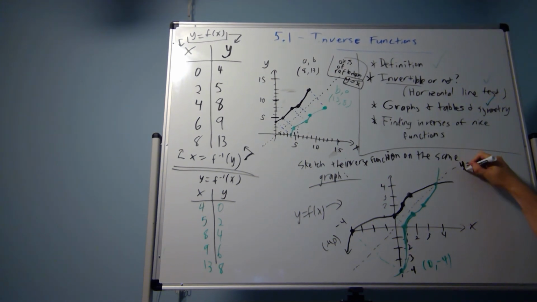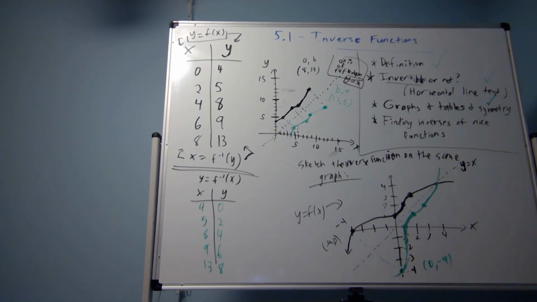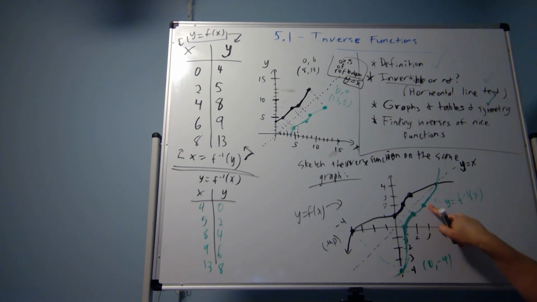It's going to really set the tone for it, and then plugging in a few extra points here and there will really help nail it down and make sure you get the right thing. So here is y equals f inverse of x. So if f of 2 is 3, then f inverse of 3 gets you back to 2 again.